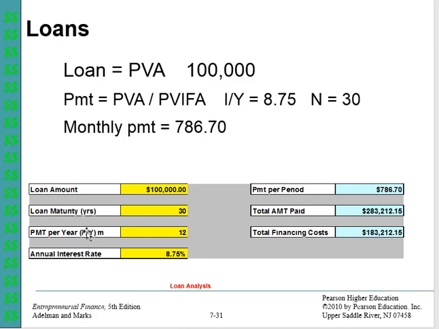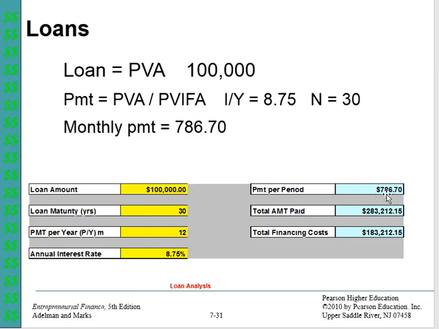So here we have a $100,000 mortgage, interest rate 8.75%, a 30-year mortgage. What is the payment? Now I have a special worksheet for this. It's called the Loan Analysis Worksheet. Time value of money, loan analysis. Plugging in the numbers: 100,000, 30 for maturity, 12 for payments per year, and the annual interest rate 8.75%.